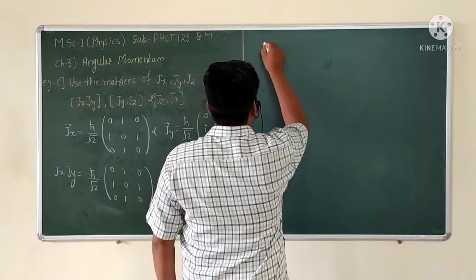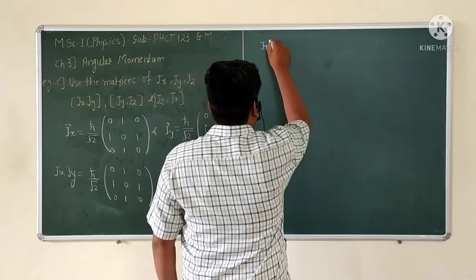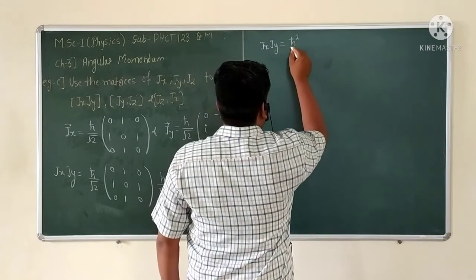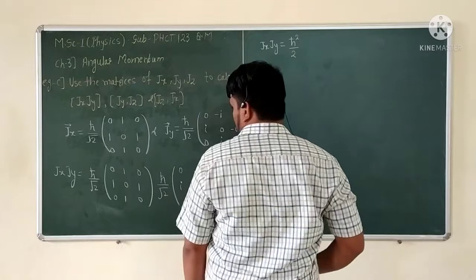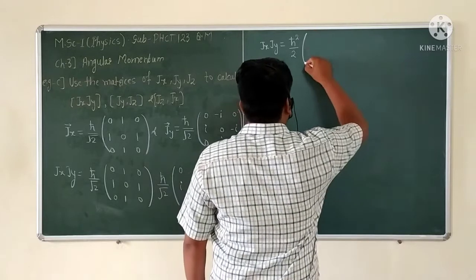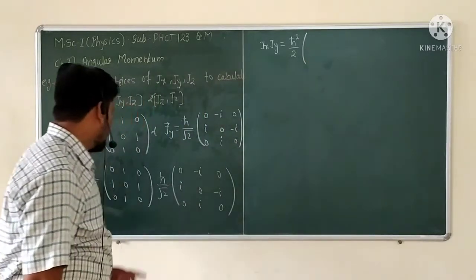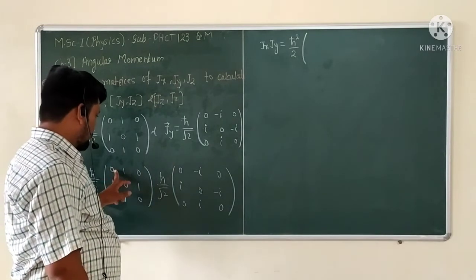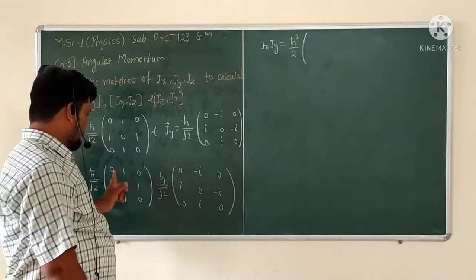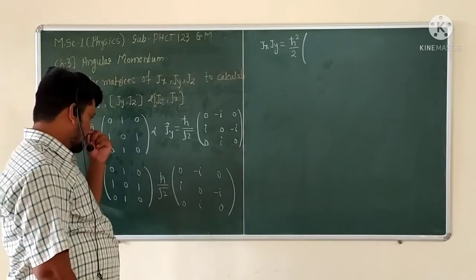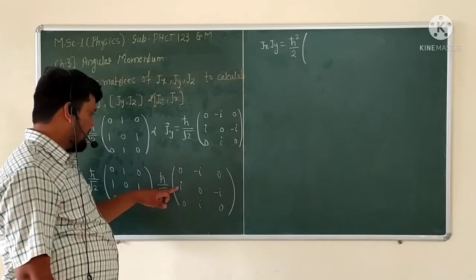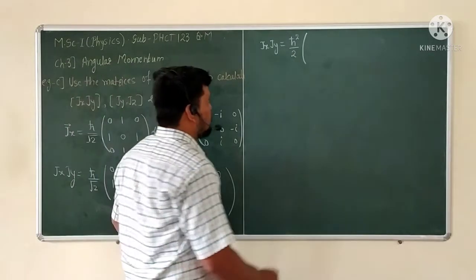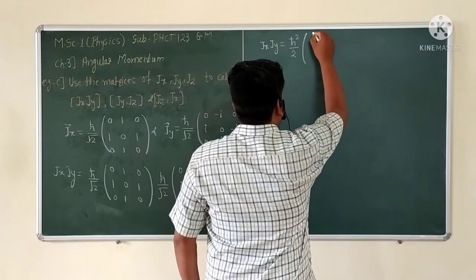So Jx Jy is equal to h cross square divided by 2 times the product of the two matrices. First row, first column: 0 multiplied by 0 is 0, 1 multiplied by I, plus 0 multiplied by 0, so the first element is I.